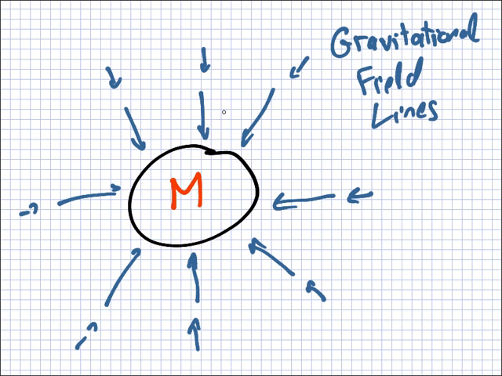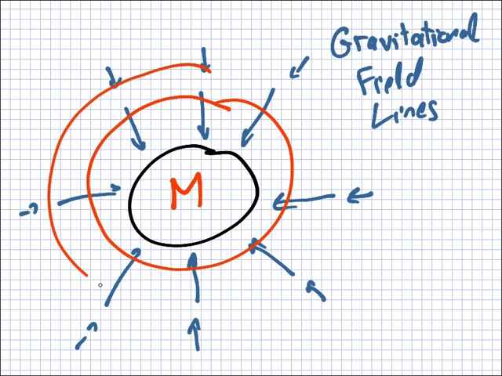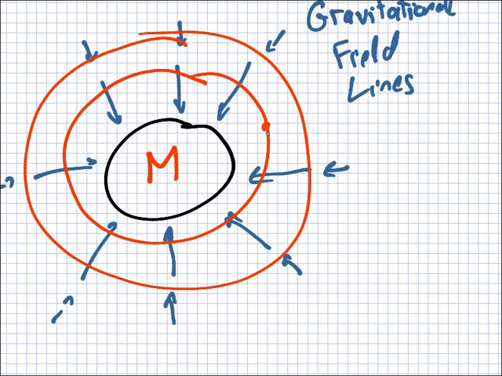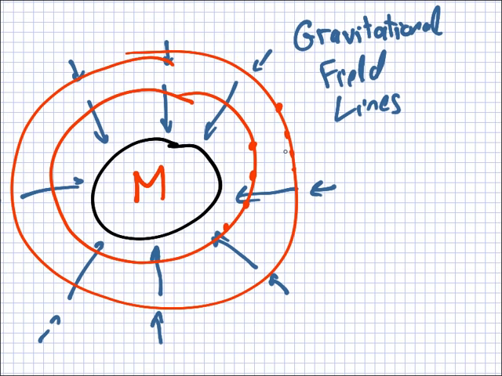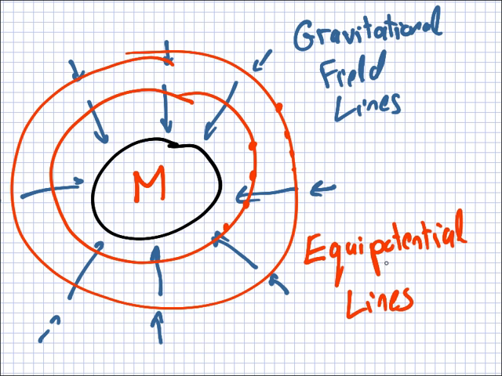And then in red, the potential energy is the same. See? On this line, everywhere on this line, the potential energy is the same. So we call these red ones equipotential lines. You remember this name?